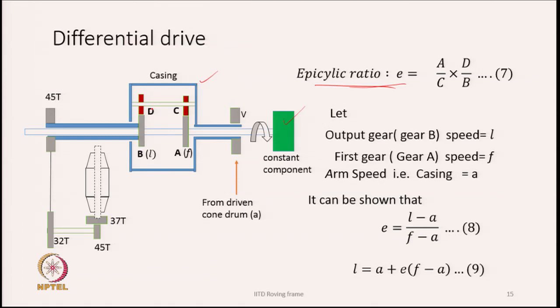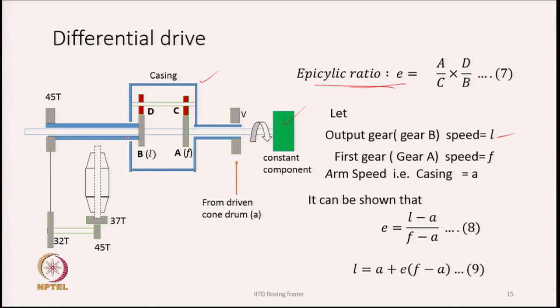The output gear of the differential gear is the gear B, speed is L. See, gear B is the output gear, and this gear and the 45T gear are actually connected, and these two are actually loose on the main shaft. So, the main shaft is running through and through, but the gear B is actually loose on it.